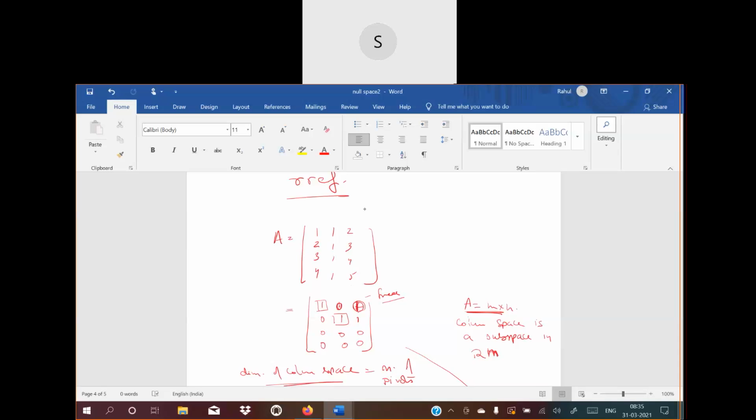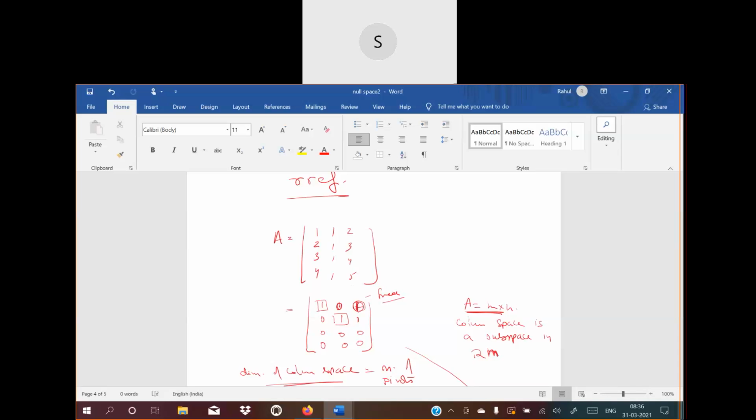Now what is rank? I have a matrix A and I am saying this is an M cross N matrix. These 3 columns we reduce to row echelon form when we are doing the column space, and when we are doing the null space we further reduce it to reduced row echelon form. When we reduce it to row echelon form, we are getting the independent rows, which correspond to the number of pivots, because these are the independent columns.